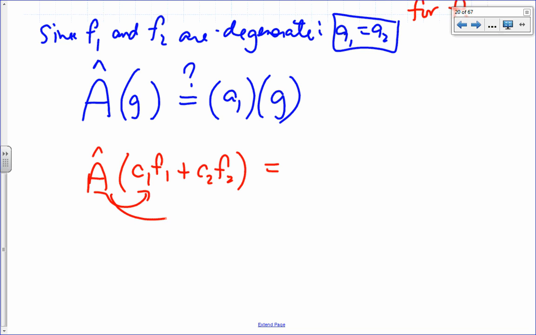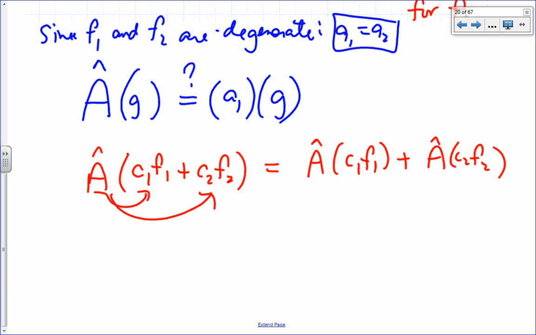I can distribute it, and I can pull out constants from it, right? So this is going to be A hat c1 f1 plus A hat c2 f2. And then what can I do next? Pull out the constants: c1 A hat f1 plus c2 A hat f2.